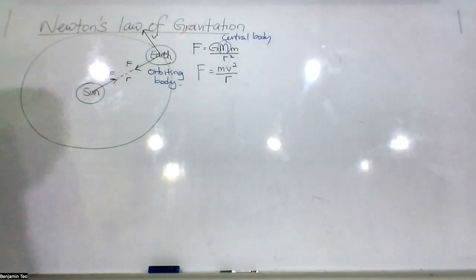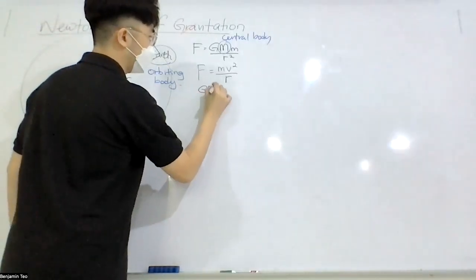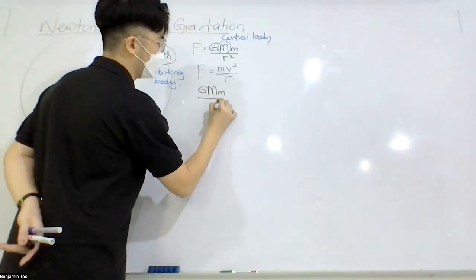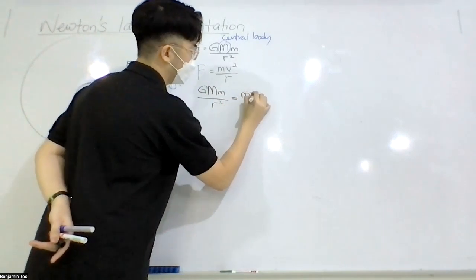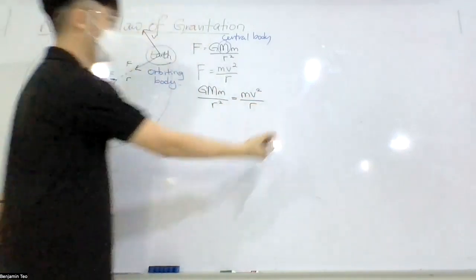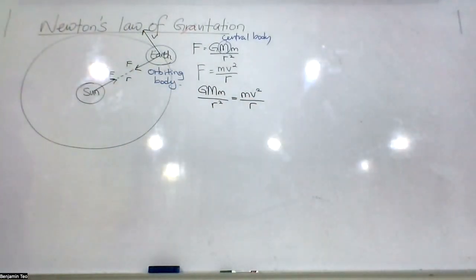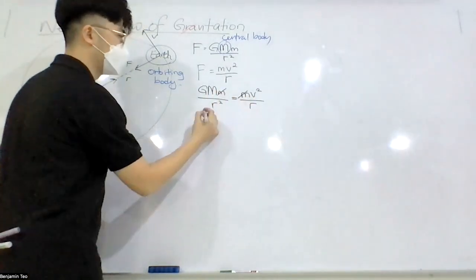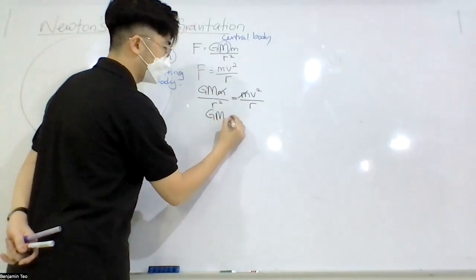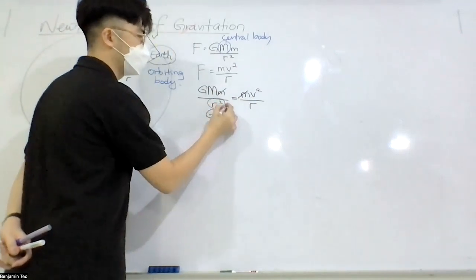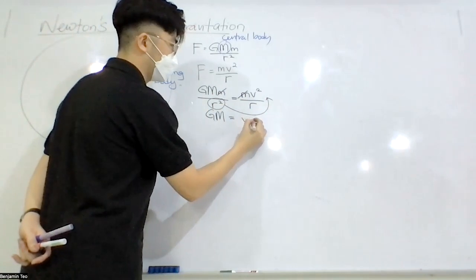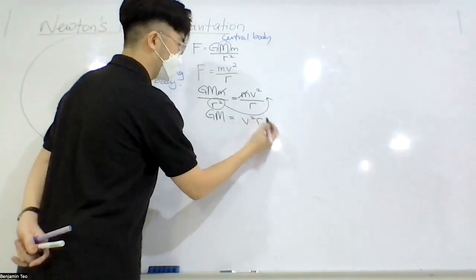Equate them, we get GMM over r squared equals mv squared over r. Cancel, cancel. We got GM equals, I bring this one over here, V squared R.